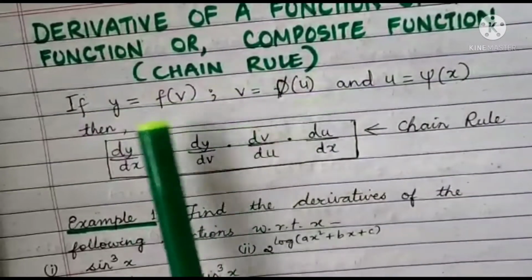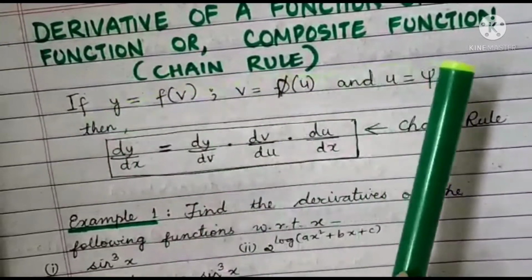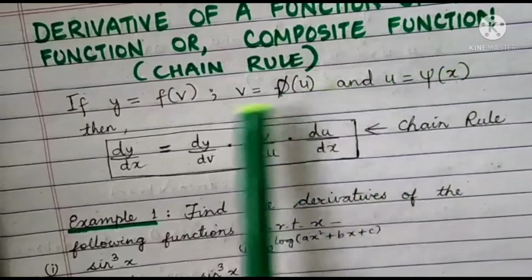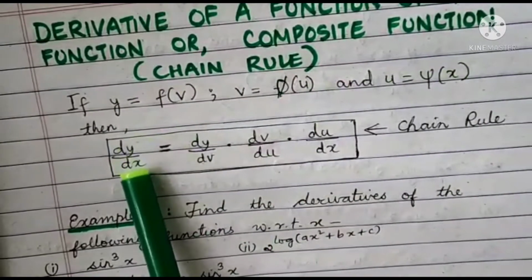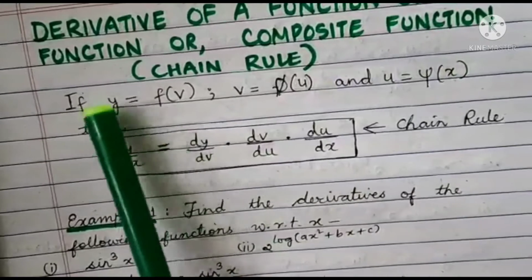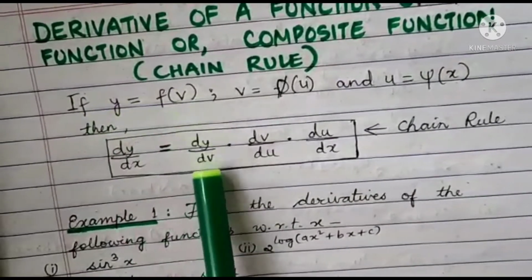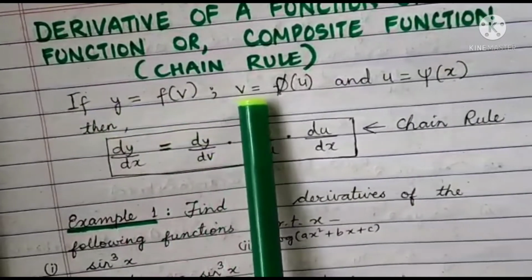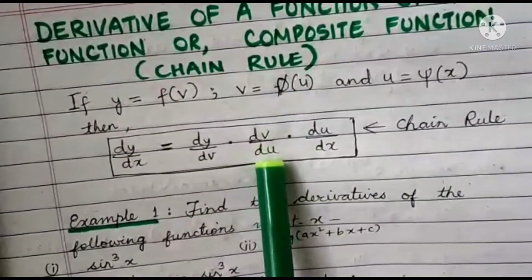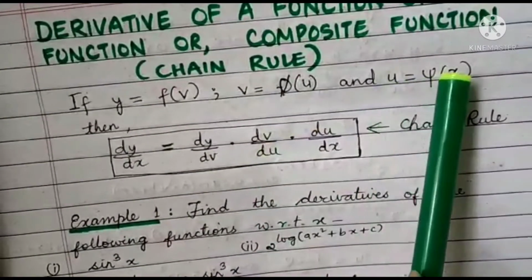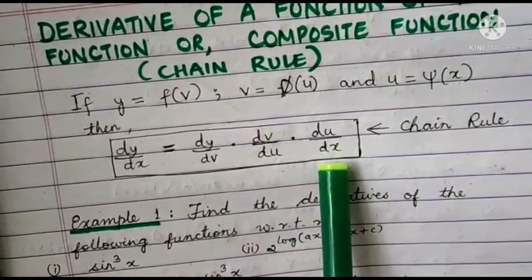So if you're asked to find dy by dx, how will you calculate? dy by dx is nothing but dy by dv into dv by du into du by dx. Clear?